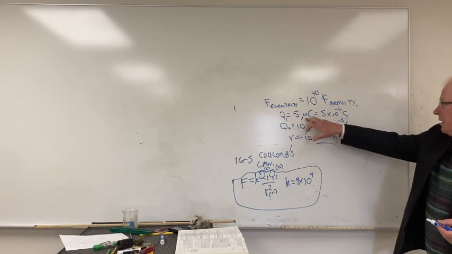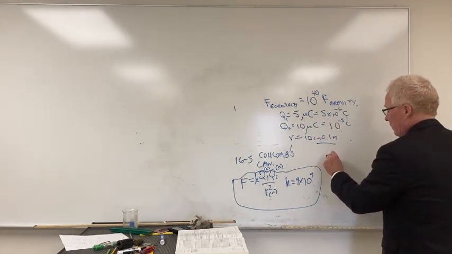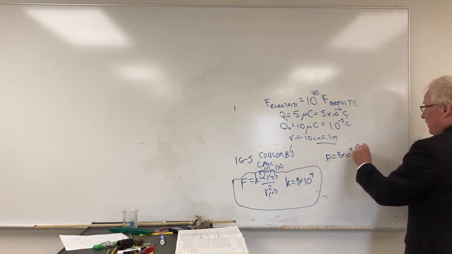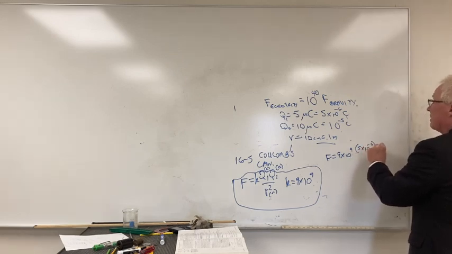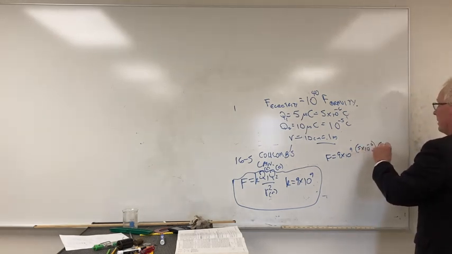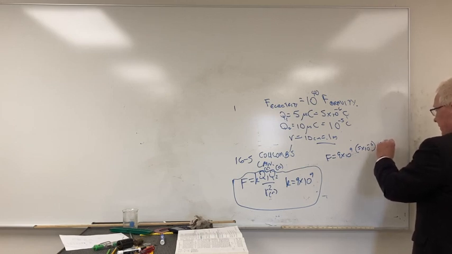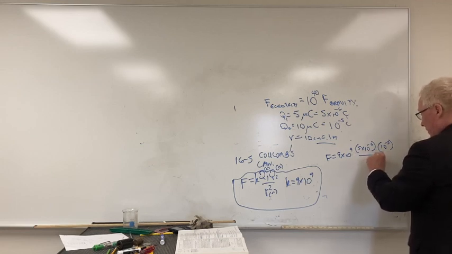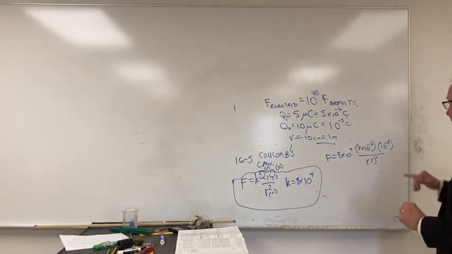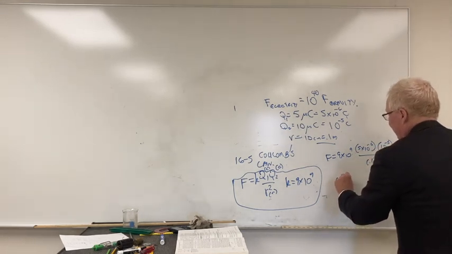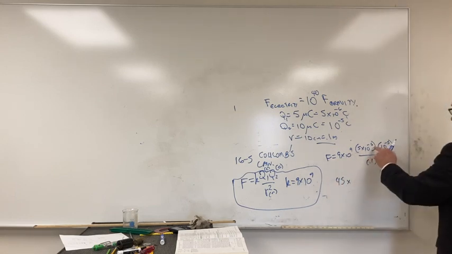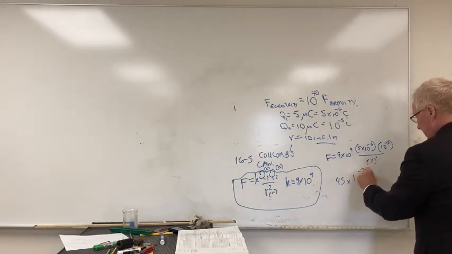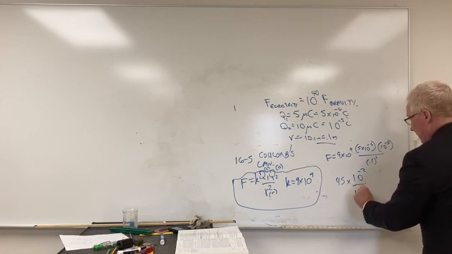Now remember, micro is 10 to the minus 6th. So the force would be 9 times 10 to the 9th times 5 times 10 to the minus 6th times 10 to the minus 5th over 0.1 squared, which would be 45 times 10 to the minus 11th, 10 to the minus 2nd, over 10 to the minus 2nd.